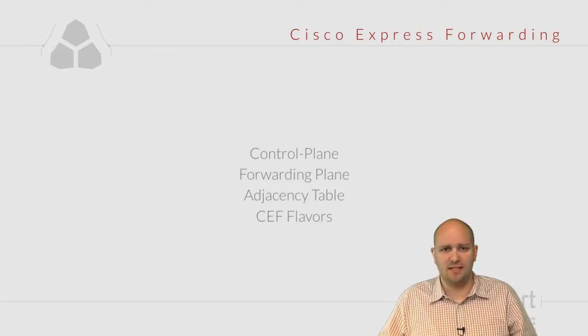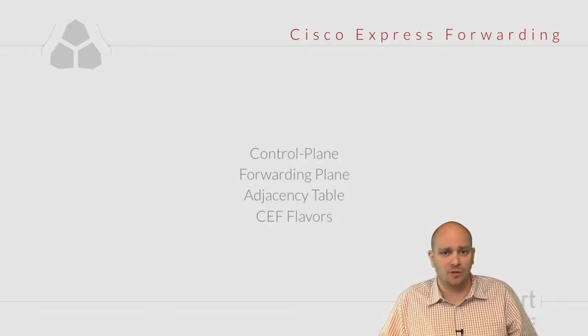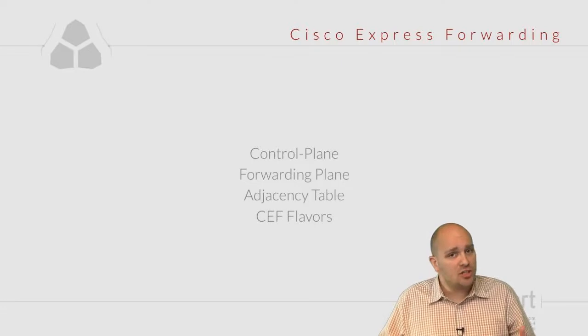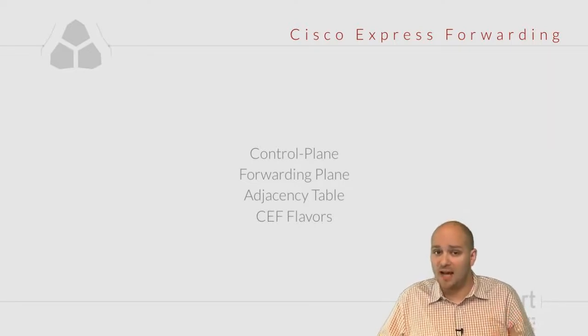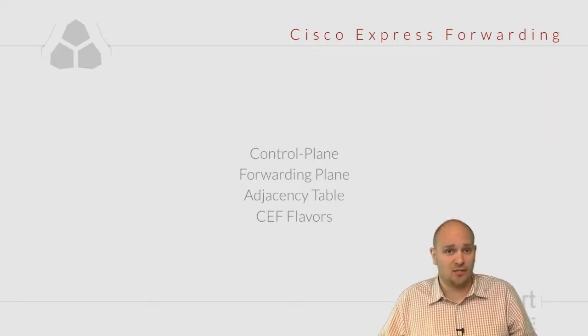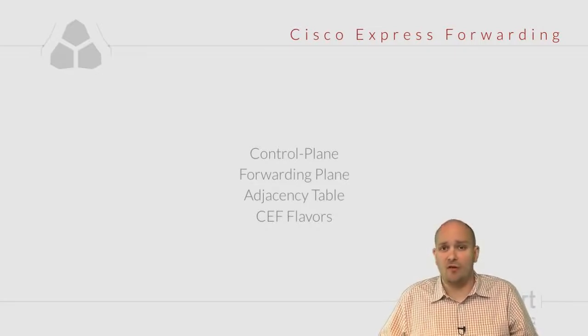And to do that, they enlist the help of several different tables, like the routing table, the forwarding table, the adjacency table, which is, again, a very, very important table in Cisco Express Forwarding. And then all this comes in different flavors, implemented differently on different devices. So these are the things that we are going to talk about next.